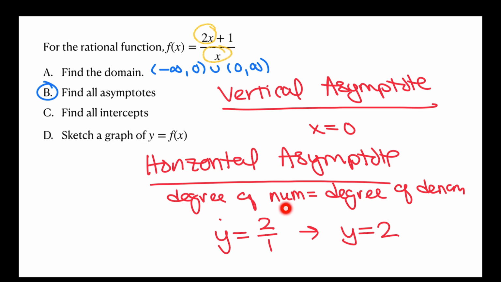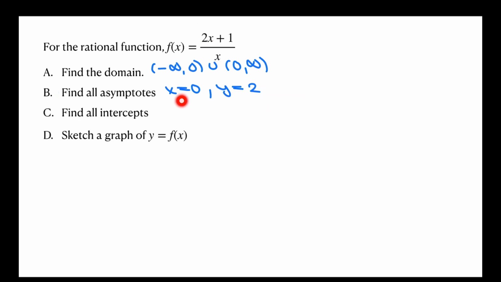When you have the same degree in the numerator and the denominator, your horizontal asymptote is the ratio of those leading coefficients. So we have a 2x over 1x, so my horizontal asymptote is y equals 2 over 1, or y equals 2. All right, so vertical asymptote, x equals 0, horizontal asymptote, y equals 2.